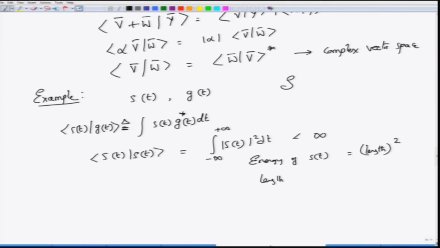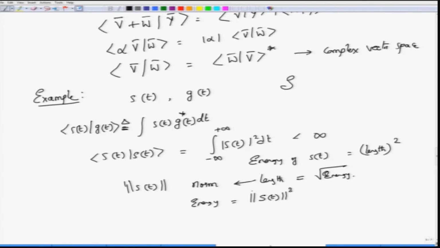So you can make a connection that length is equal to the square root of energy, okay, and this length is called the norm in vector space theory or signal space theory, okay, and this norm is denoted by writing two lines like this around S of t, and therefore energy is basically norm squared, okay, energy is norm squared, norm itself being the length. I hope these connections are clear.